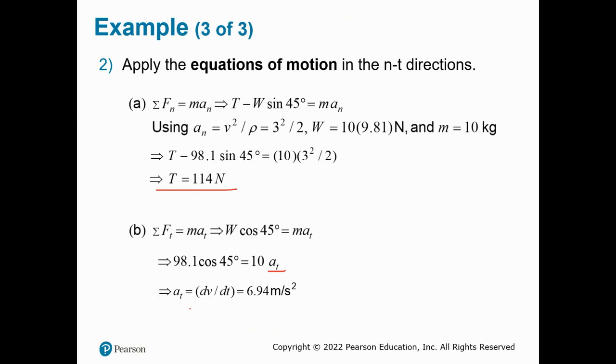So at, the tangent acceleration, deals with changing the magnitude of the velocity. That's how we get at equals dv dt, which is 6.94 meters per second squared.